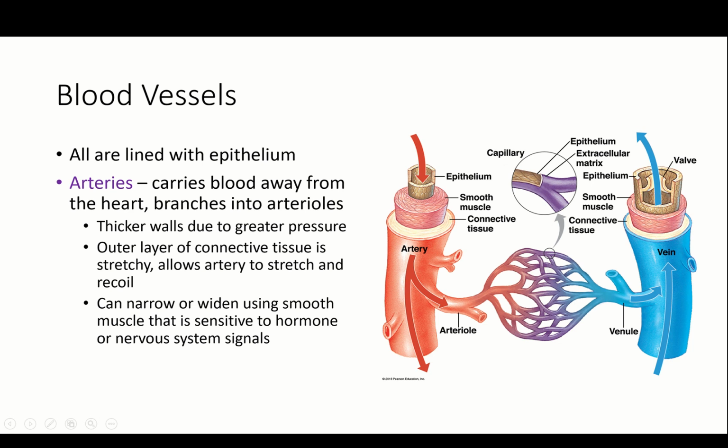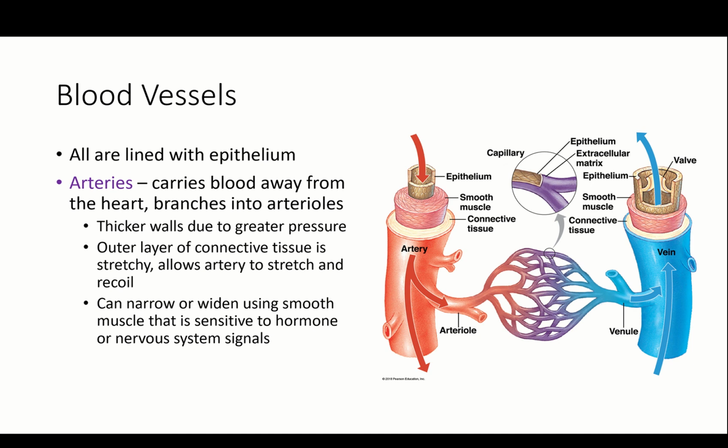A lot of this is because the arteries carry blood away from the heart to the branches, into the arterioles and the capillary beds. They have thicker walls because more pressure is exerted on them than on the veins, since this blood is still carrying the force of the ventricle that pushed it outward.